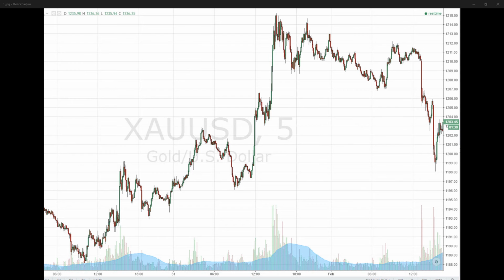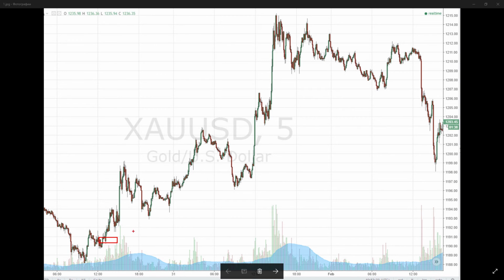Go to the second example, gold. The first picture is a simple gold chart from a couple of weeks ago, and I think you remember this situation. It was at the bottom of a range. I told you about my long here.